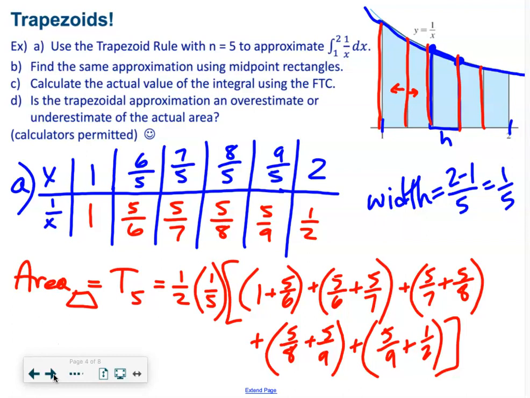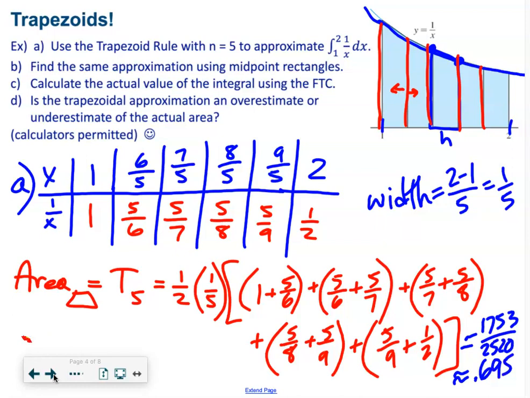By the way, what is this answer? Let's see here. This one is 1753 over 2520, which is approximately equal to 0.6956.